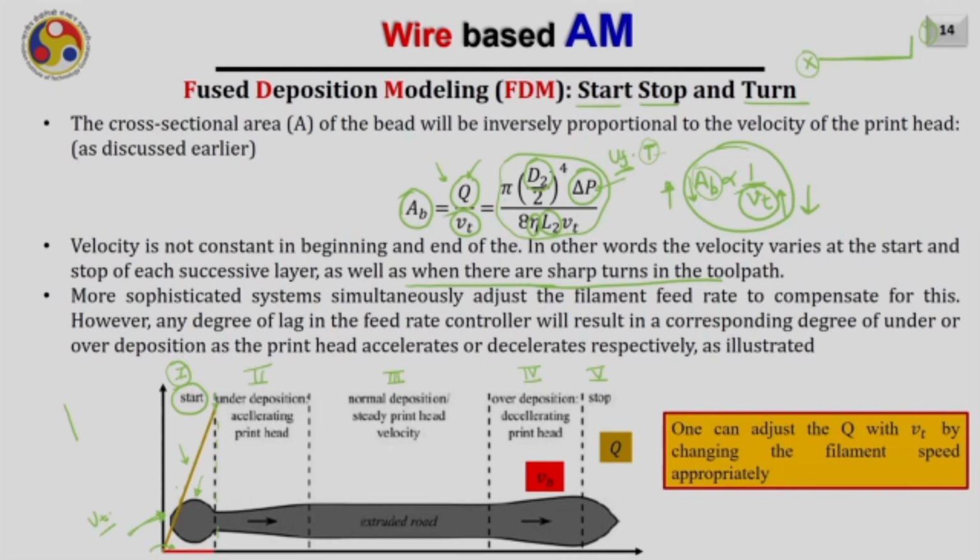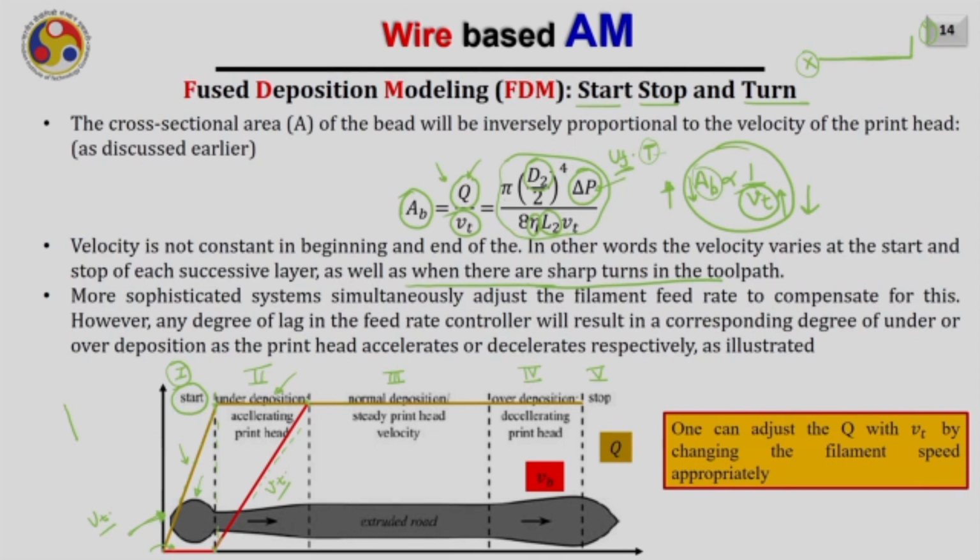Some material gets deposited. Then after that, under the acceleration, when the head starts moving, it will change its velocity from 0 to the desired velocity. So Vt is changing linearly now, right? This is following this curve. So the head is accelerating, Vt is increasing, and your deposition head is giving a constant feed rate from the nozzle.